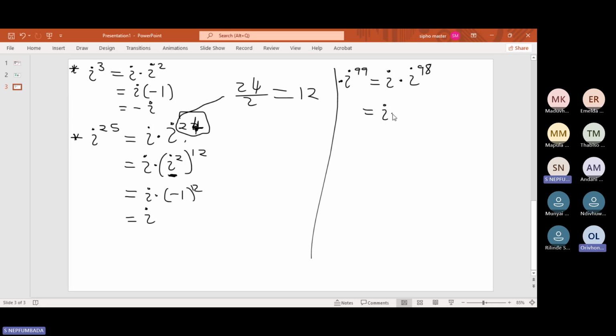Then when we introduce i to the power 2, we go to this 98 and divide it by 2 to get the exponent. 98 divided by 2 is 49. Then this is the same as i multiplied by negative 1 to the power 49. Then what do we get? Is it negative i? Yeah.